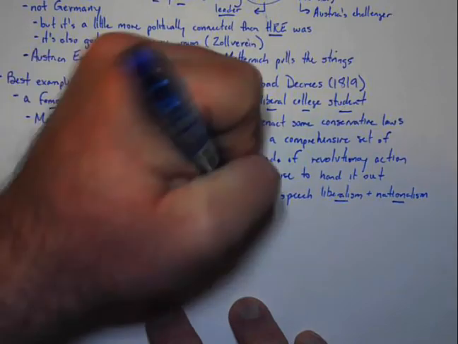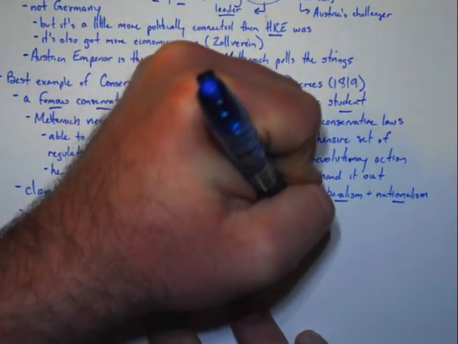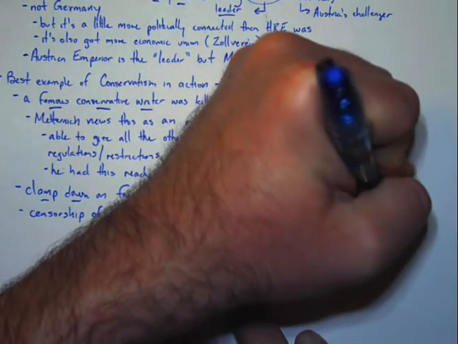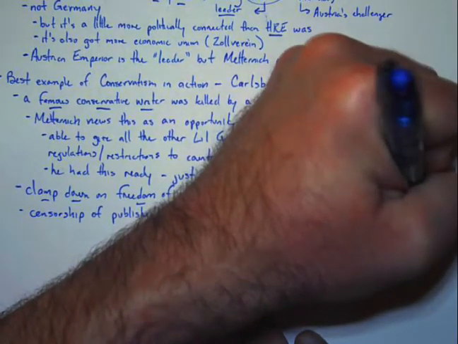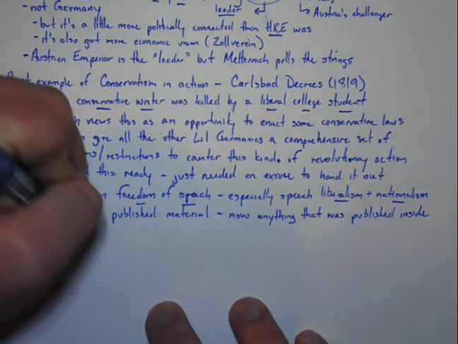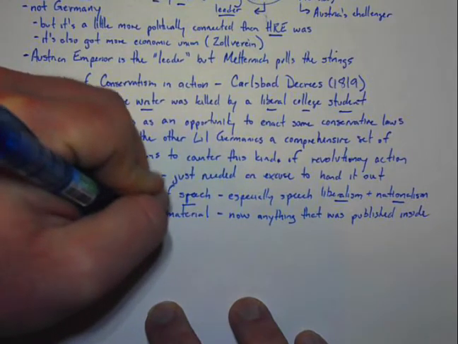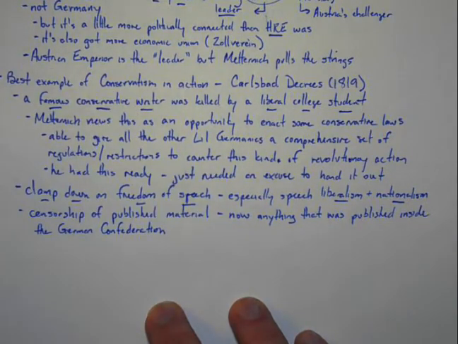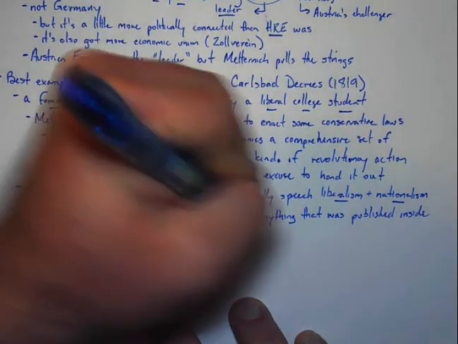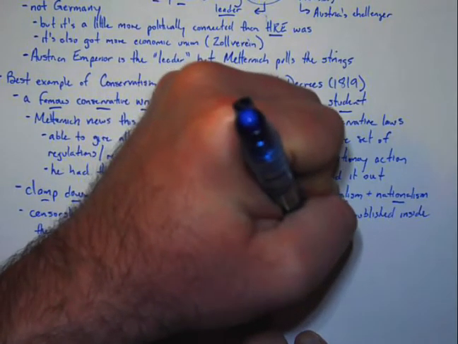So now, anything that was published inside the German Confederation was subject to censorship.